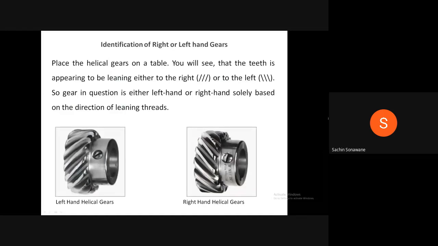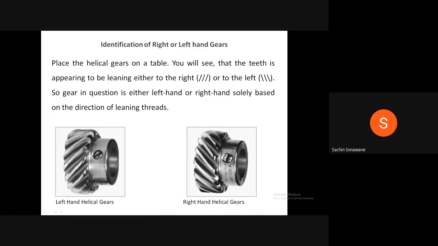Now, again, in helical gear, there are two types of helical gears, right hand helical gear and left hand helical gear. Now, how to identify right hand helical gear and left hand helical gear? Just see in the slide, there are two figures. First is left hand helical gears, second is right hand helical gears. Just see teeth of left hand helical gear.